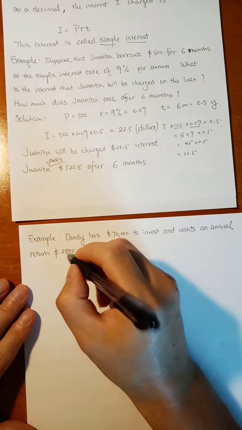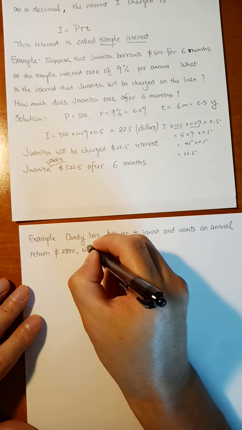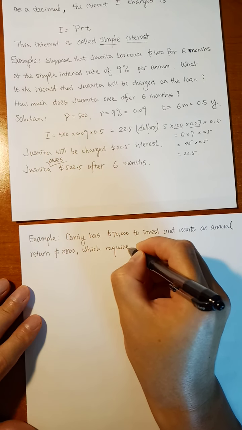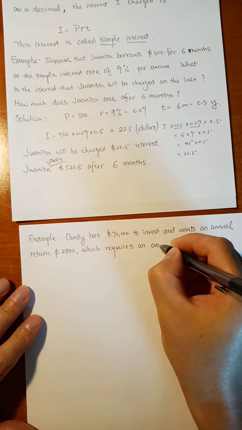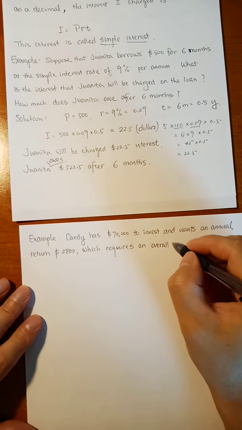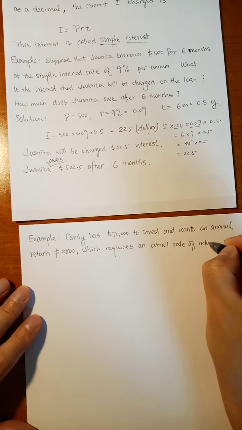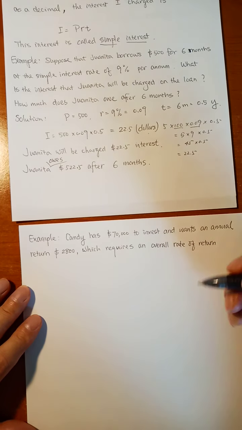Okay, annual return. And this return compared with $70,000 requires an overall rate of return. Rate of return is just the rate of the earning, right? 4%.